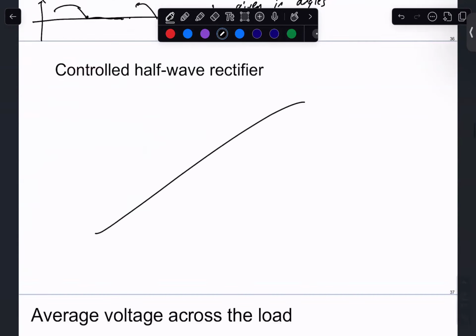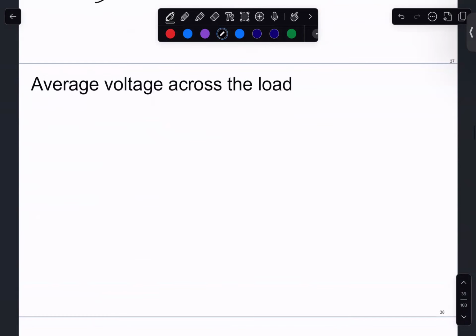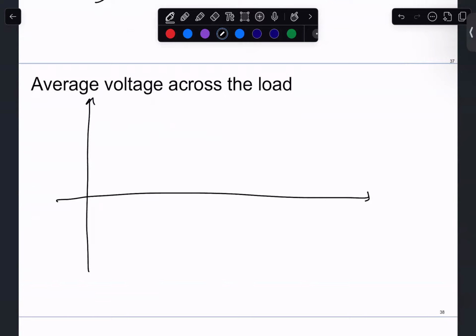And then one thing we want to look at is the average voltage across a load. Let's say we have this dotted line, this is the source voltage, and then the SCR voltage is basically this red part.